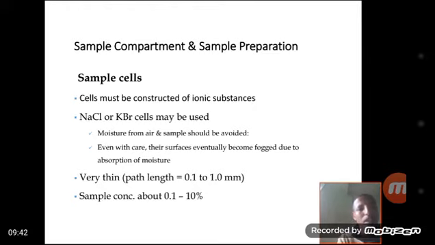Even with care, their surface eventually becomes fogged due to absorption of moisture, and the formation of fog affects the transparency of the sample holder. The sample holder has a very thin path length of 0.1 to 1 millimeter, and the sample concentration is about 0.1 up to 10% of the total solution.